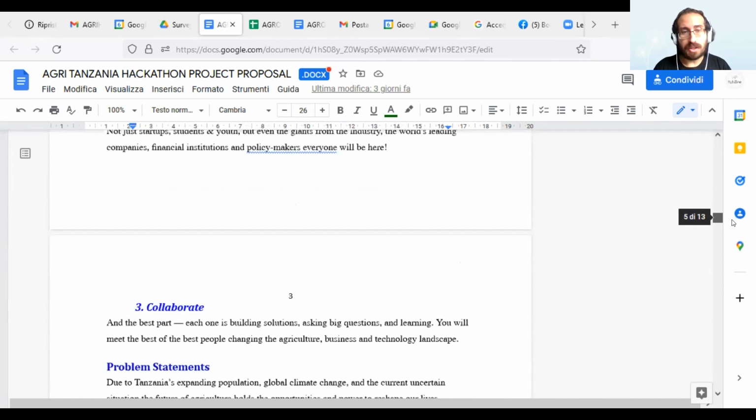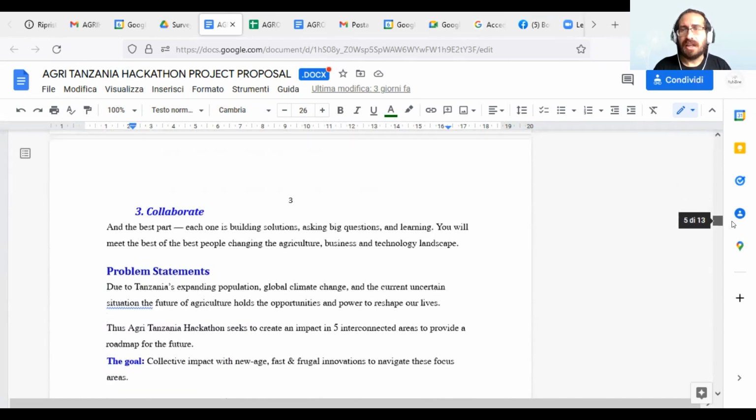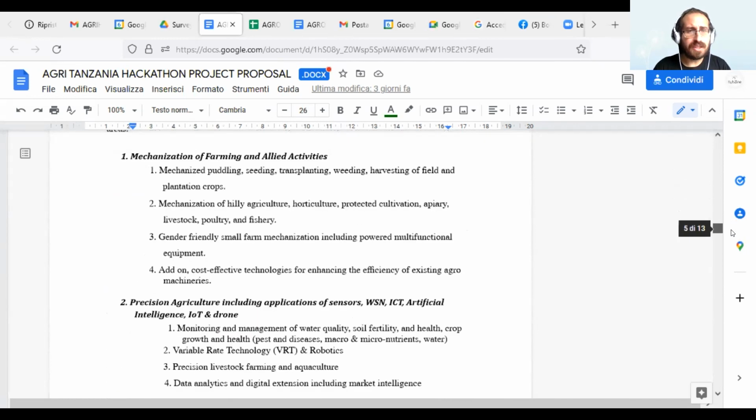Collaboration is another element of our initiative. What we want to do is to engage in the hackathon event teams of entrepreneurs, young leaders, activists, farmers, and so on, to create solutions among different challenges.